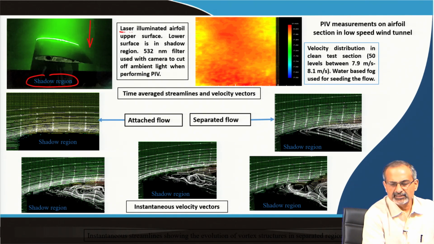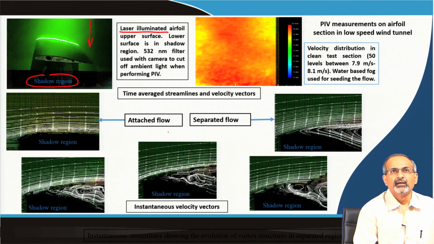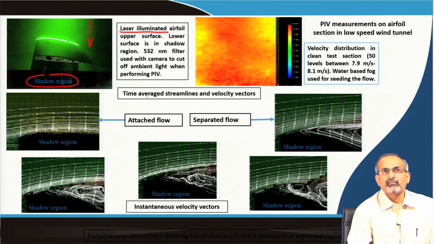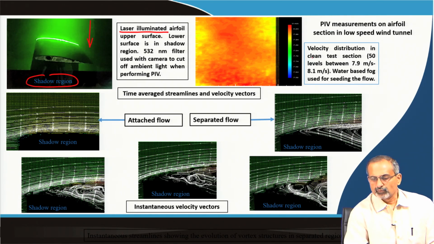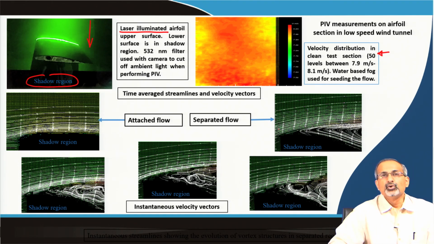So, we have the laser illuminated airfoil upper surface, and a 532 nanometer filter is used with the camera to cut off the ambient light when performing PIV. When you look at the clean test section, that means without the model inserted, then you will be able to see the velocity distribution in the clean test section.